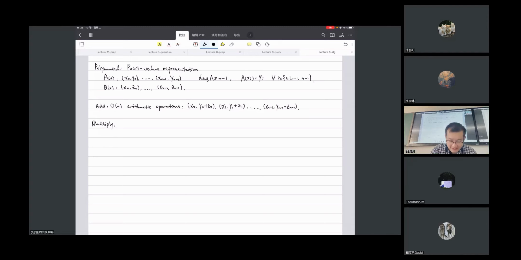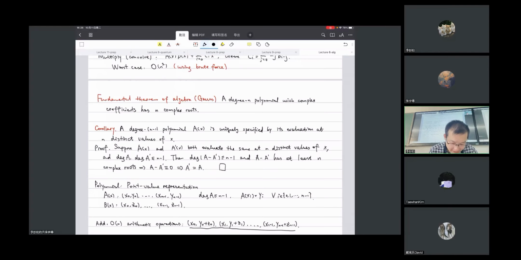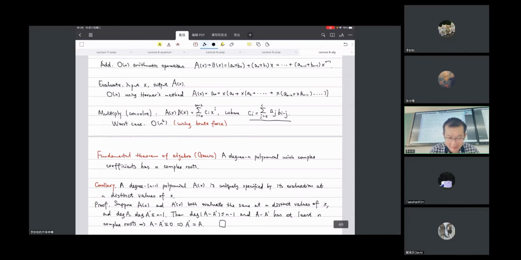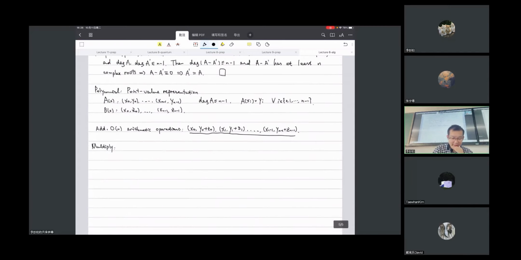I guess in this case, similar to addition, because the main cost of multiplication in coefficient representation is that you really need to take all these summations. So this is a little bit problematic there, but for multiplication in this representation, it is relatively straightforward.